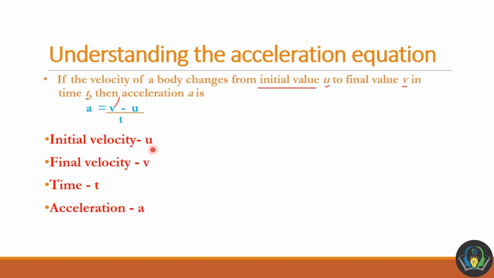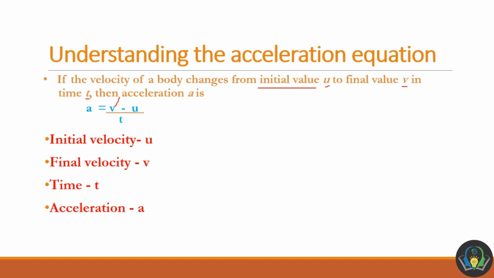Initial velocity is u, final velocity is denoted by v, time is t, and acceleration is a. This is the formula: final velocity minus the initial velocity upon the time taken gives us acceleration. And acceleration will be measured in meter per second square.